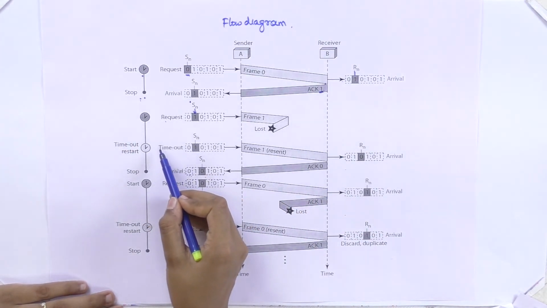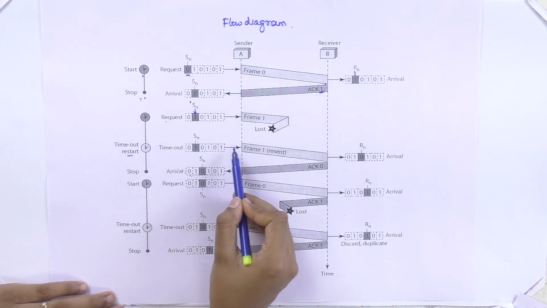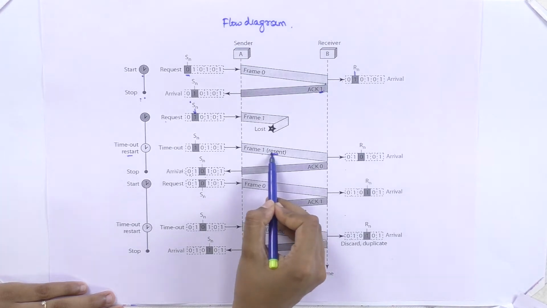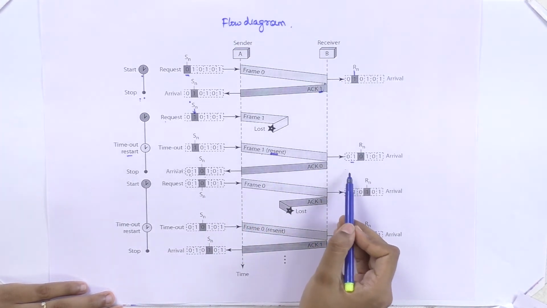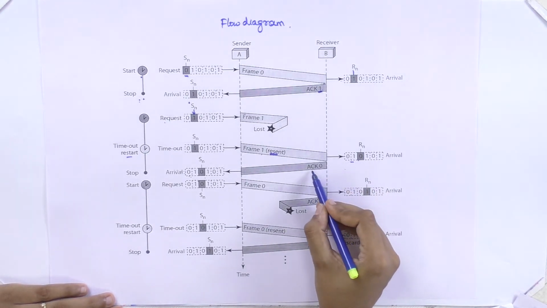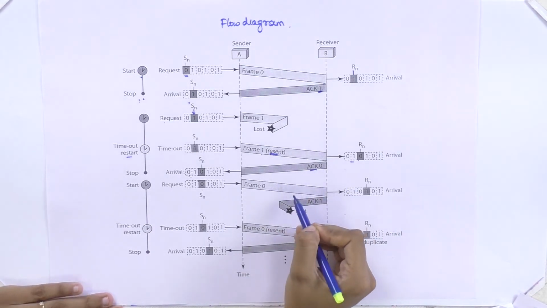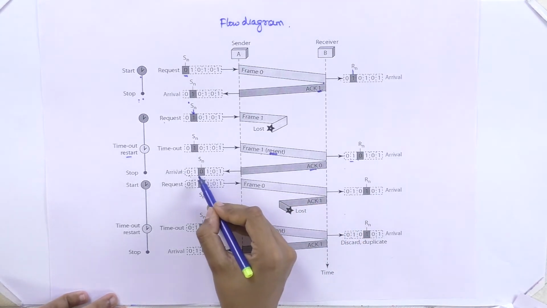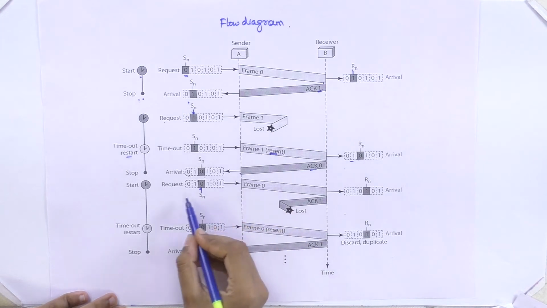So again I am restarting my timer and frame 1 is resent. There it is received properly and the receiver sends the acknowledgement 0. It acknowledges 0, which means it tells me to send the next frame 0. So here the acknowledgement comes. So next 0 will go.